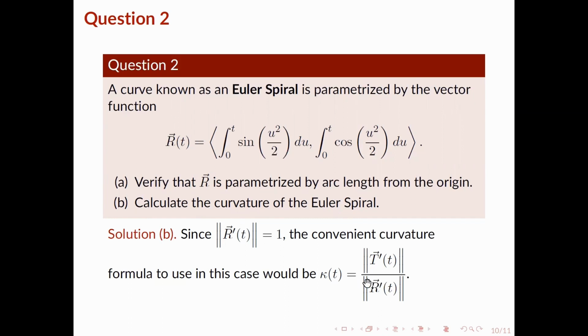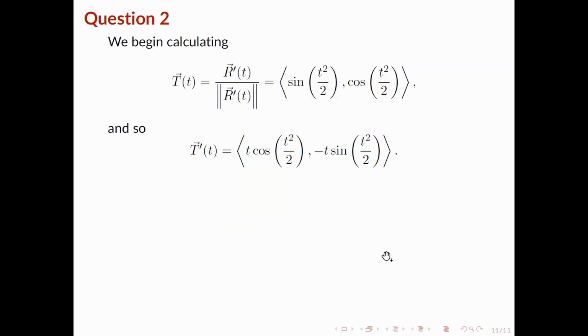In this case, we don't have to worry about the denominator because it's just equal to 1. So in order to calculate this, we still need the numerator. We begin by calculating T, the unit tangent vector, which, if you recall, is defined by this formula.